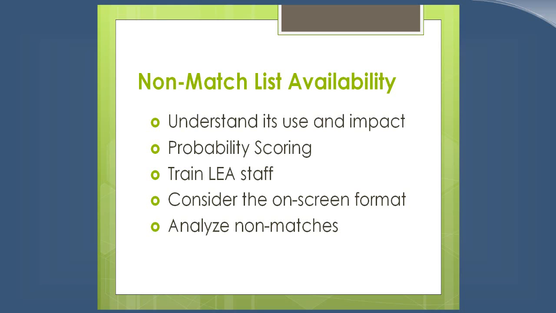One of the ways that you can overcome this deficiency is by doing probability scoring. If you have an algorithm that will tell you, let's say, there's an 80% possibility that this student is a match, but we don't identify them as a match because we can't ensure that, you could easily sort that, and LEAs can look at it from top to bottom and say, I'm going to put my resources into the top third scoring to see if those kids are actually my kids.